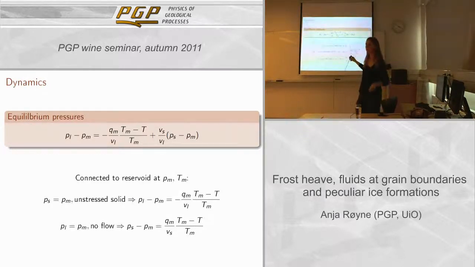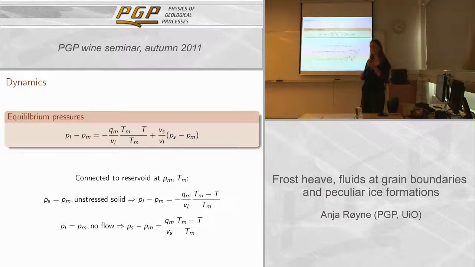Let's assume that we're connected to some reservoir which is just at the melting point, and it has this reference pressure and reference temperature. And then if we start cooling it in one place, and we don't put any stress on the solid, so the solid is at pressure Pm, then the liquid pressure where we're cooling needs to be below the pressure of the reservoir in order for all of this to apply.